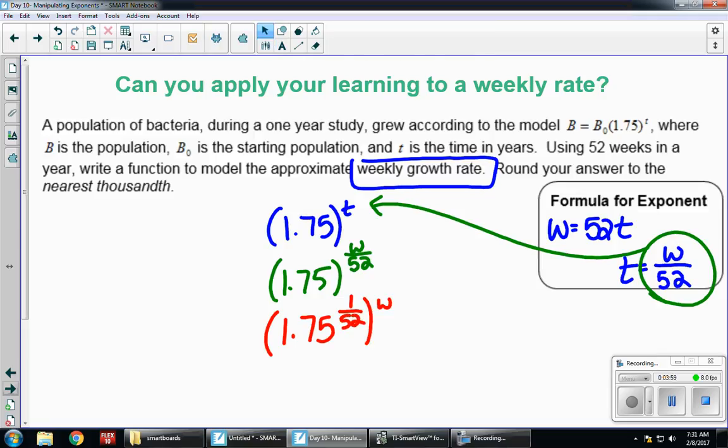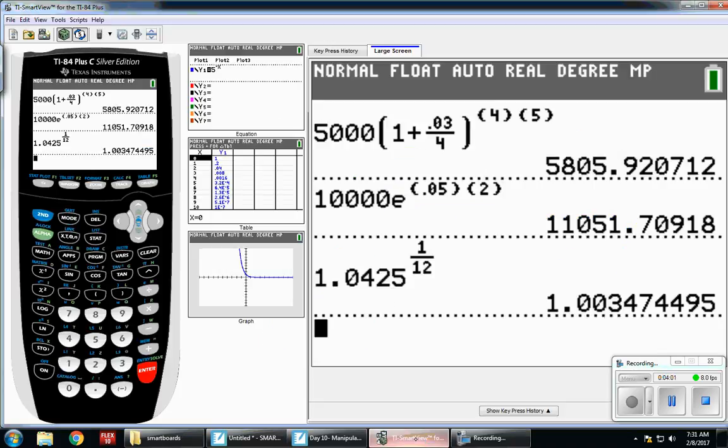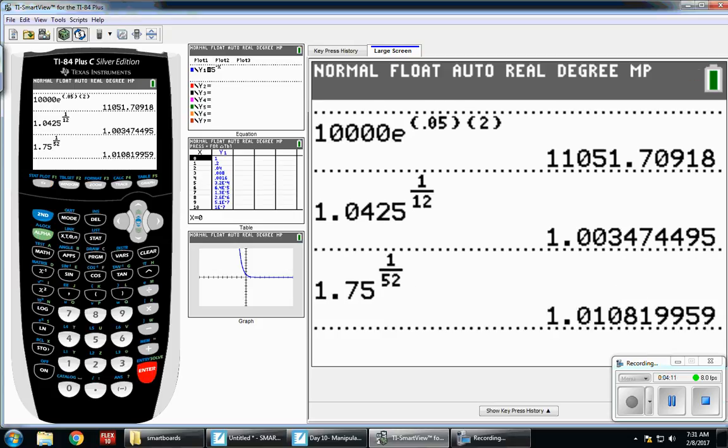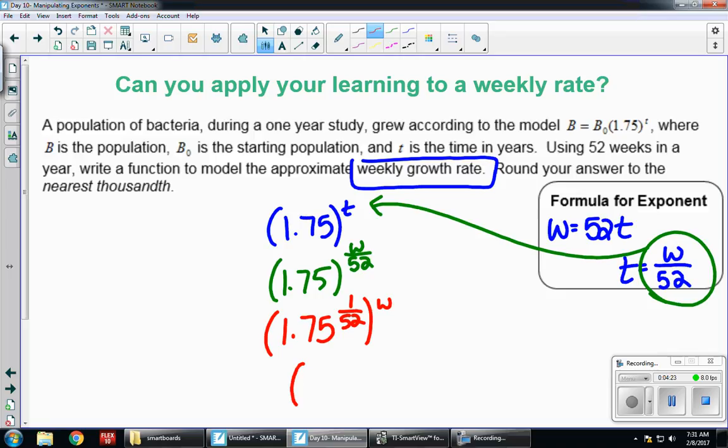So I go to my calculator. 1.75 to the power, set up your fraction, of 1 over 52. They want us to round to the nearest thousandth. So thousandth is 3 decimal places. So I'm going to have 1.011 to the w power.